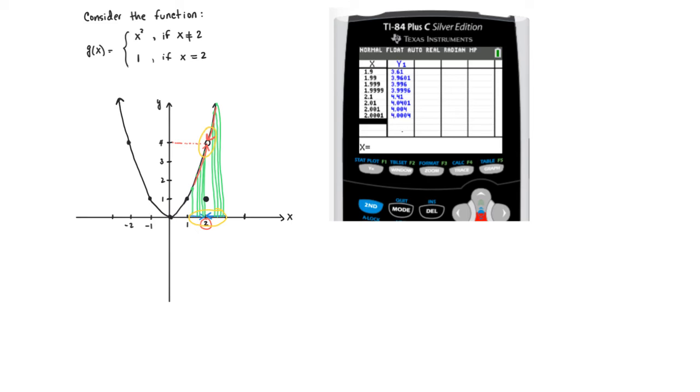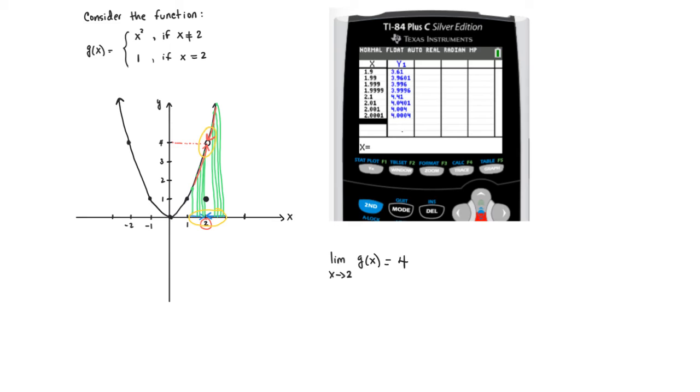So symbolically, we're going to say that the limit as x approaches 2 of the function, actually it's not f of x, it's g of x, is going to be equal to 4, not to 1.